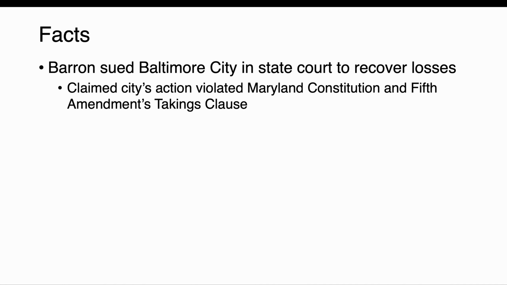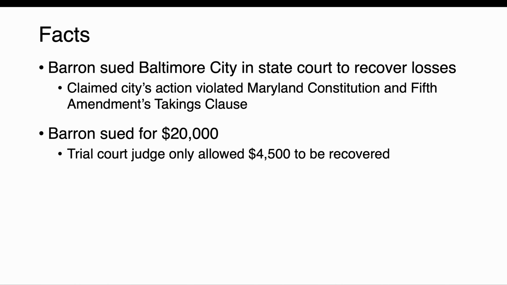And he claims that the city's action violated the Maryland Constitution, but also the U.S. Constitution, specifically the Fifth Amendment's takings clause. He sued for $20,000. The trial court judge only allowed $4,500 to be recovered.